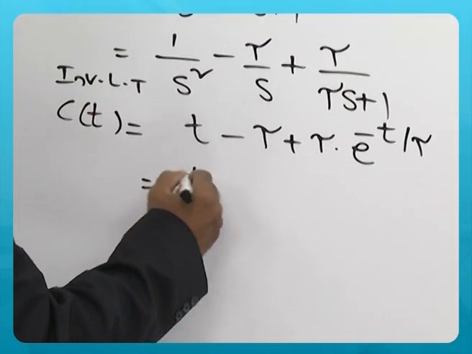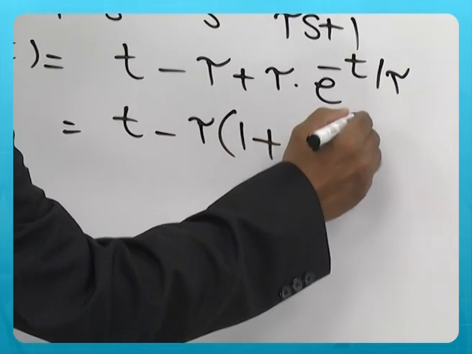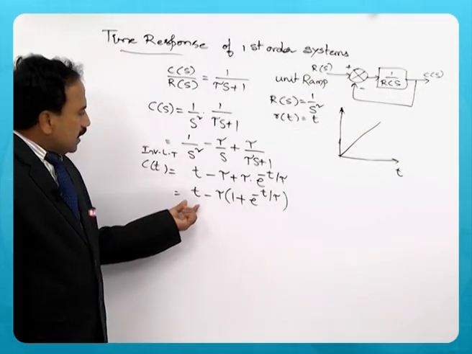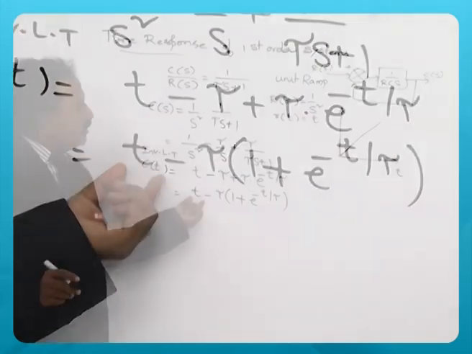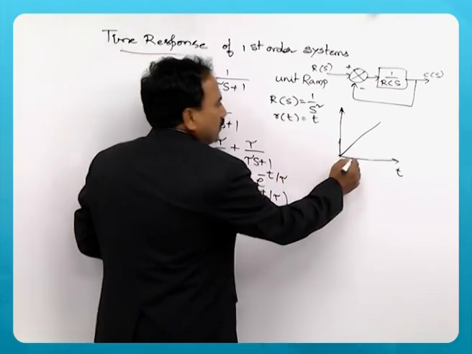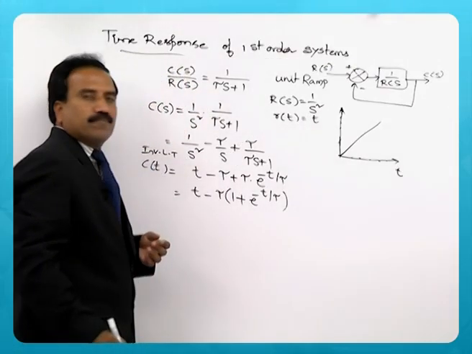So, this is nothing but t minus tau times (1 minus e^(-t/tau)). So, this is the actual input. Please see again that ramp input that is given here, it is varying linearly. As you increase time, the signal function increases.